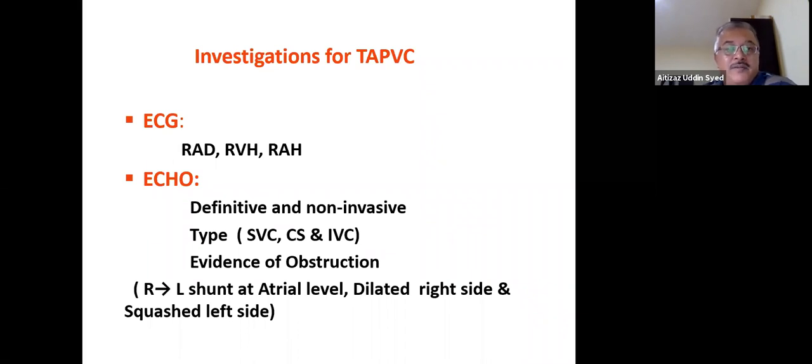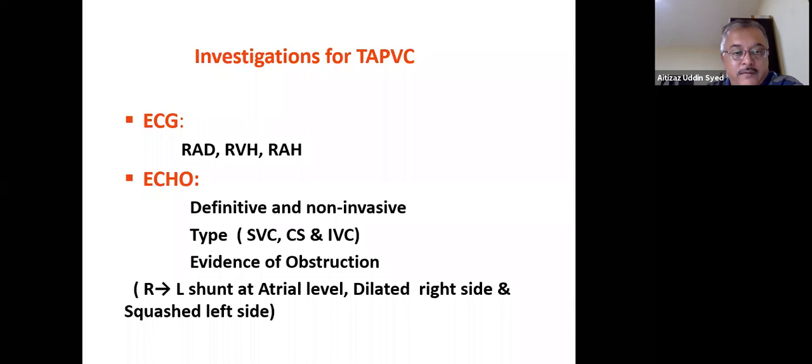Investigations, yes, we always start with the X-rays and ECGs, but an ECG is going to tell you right ventricular hypertrophy, right atrial hypertrophy, right axis deviation. But echo is the mainstay. Echo is basically not only because of its ease of availability everywhere and the logistics involved with it, but it's also an almost definitive diagnosis.